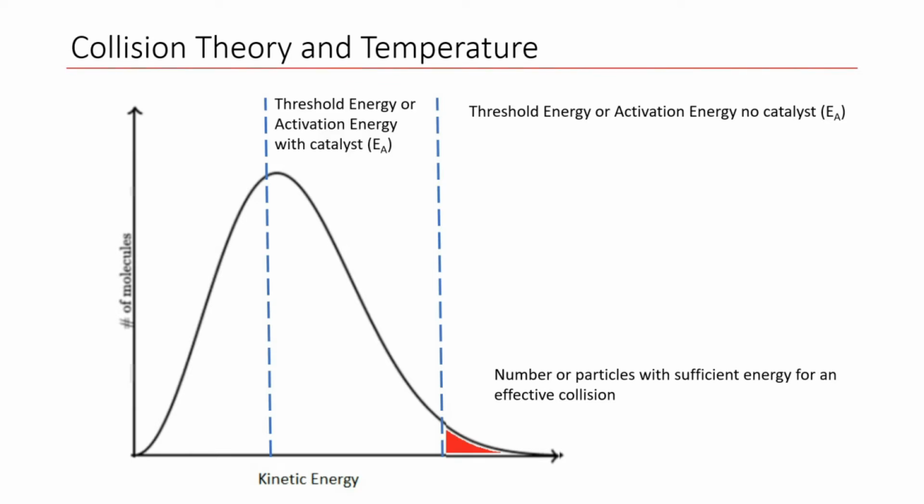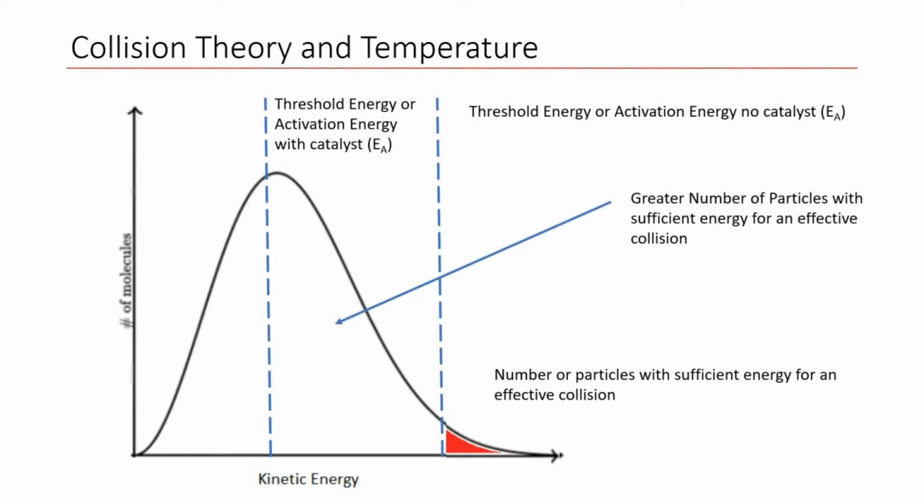This changes my number of particles with a sufficient amount of energy for an effective collision, where I went from just a small fraction to, represented by the red, all of the area under the curve past the first dashed line now being particles with enough energy for effective collision. So by greatly increasing my fraction of particles with effective collisions, it allows for a greater rate.